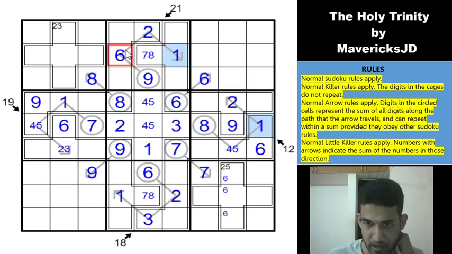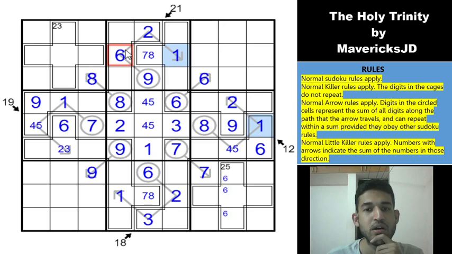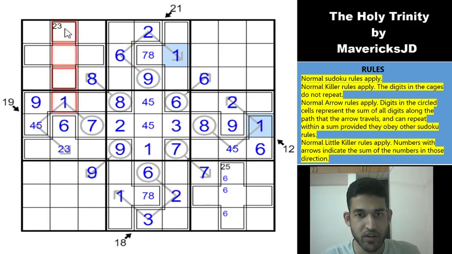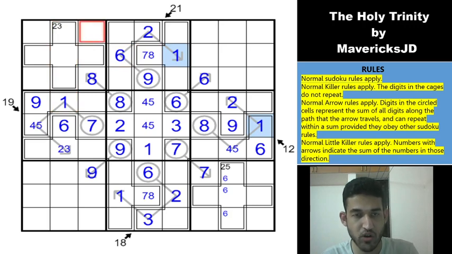Okay, so what do I need to see next? Okay, so 1 is not going to be in the 23 cage, right, because of the 1s here. So which means that the 1 has to go outside the cage.